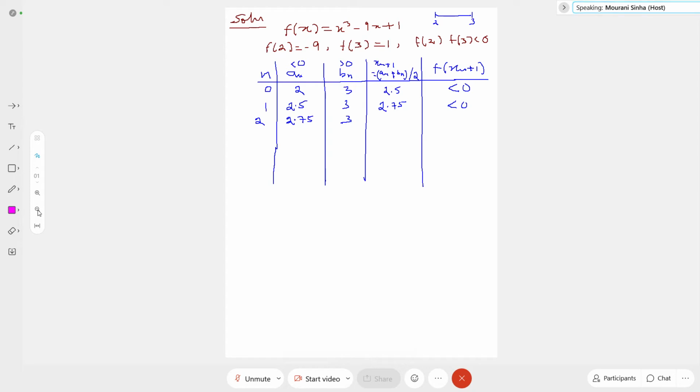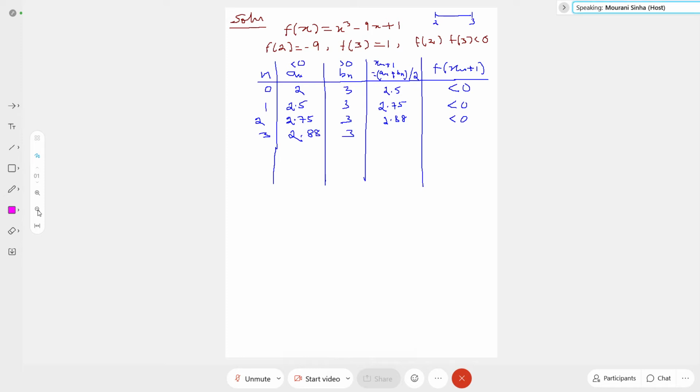The midpoint is 2.88. And again, I had computed that the function is negative at 2.88. So in the next iteration, 2.88 goes to the negative column and the positive column remains the same.